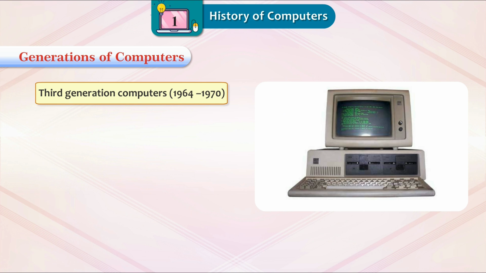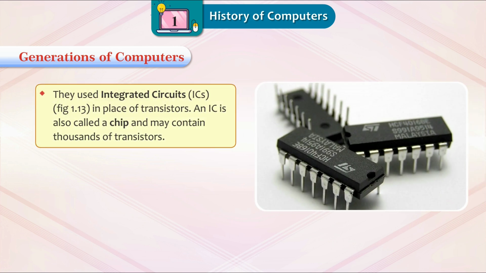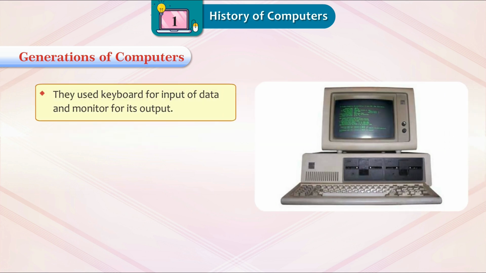Third generation computers, 1964 to 1970. They used integrated circuits, ICs, refer to figure 1.13, in place of transistors. An IC is also called a chip and may contain thousands of transistors. They used keyboards for input of data and monitor for its output.